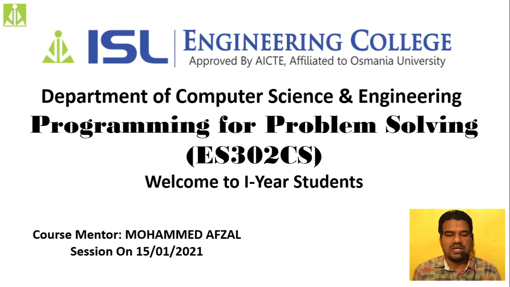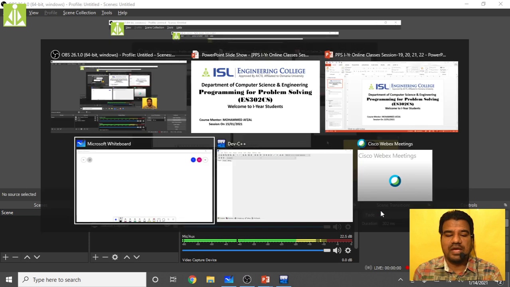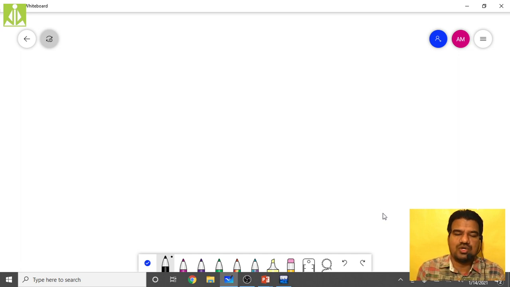In this session we will be discussing how we can convert a given negative decimal number into binary, and the same thing back into decimal. To understand that concept, we have to understand 2's complement.